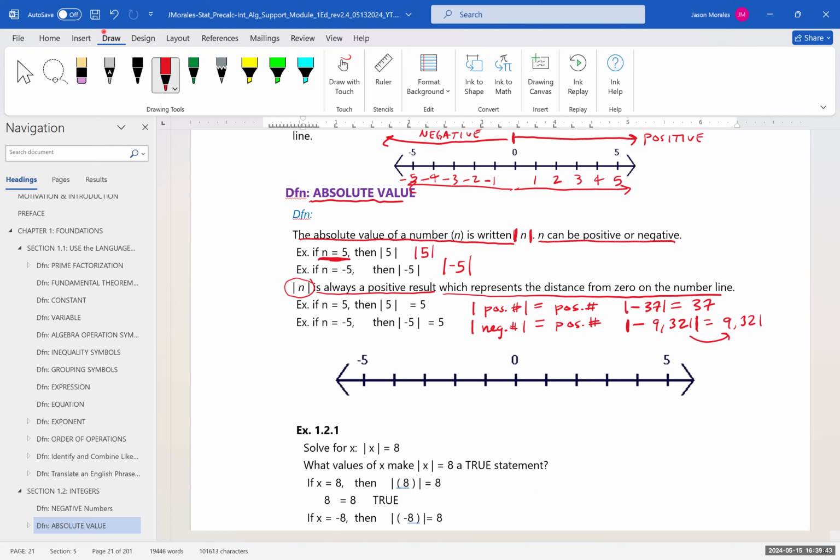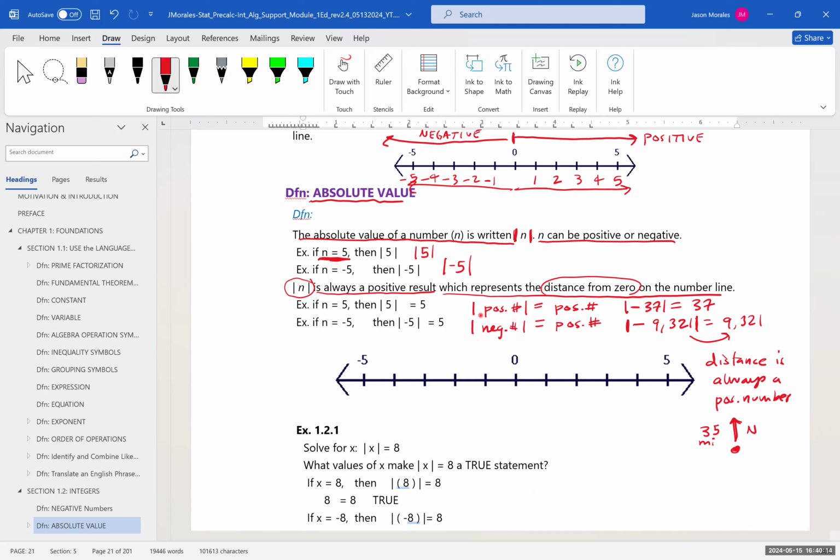And this part about representing the distance from 0, distance is always a positive number. So, if you're starting from a city that's here and you travel north 35 miles, then you've traveled north 35 miles.